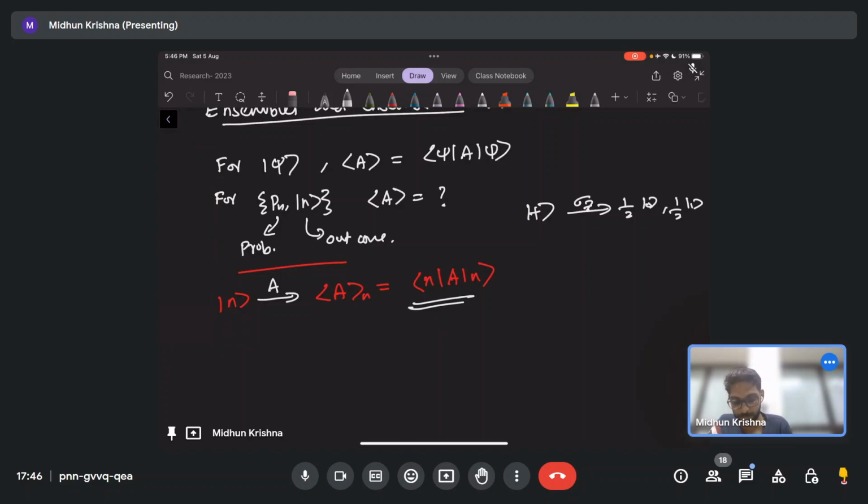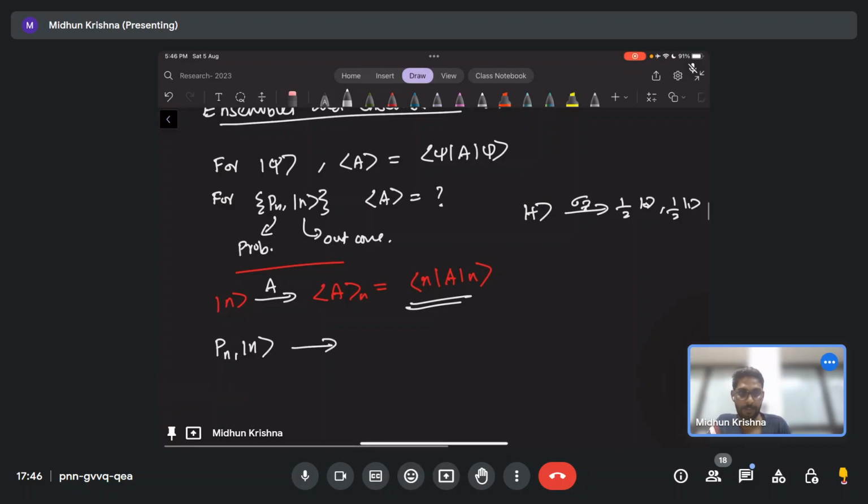Now instead, if I did not know it was n, and you're giving me some state n with some probability Pn, then if I compute the expectation again in this form, it will be: with some probability Pn, I will get the outcome. I'll get the average if I do my experiments, summed over n.